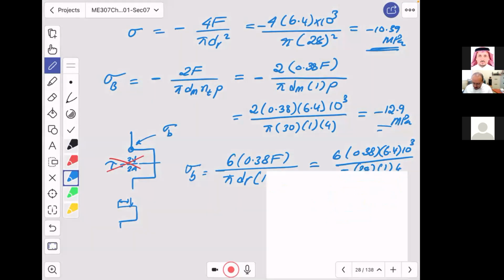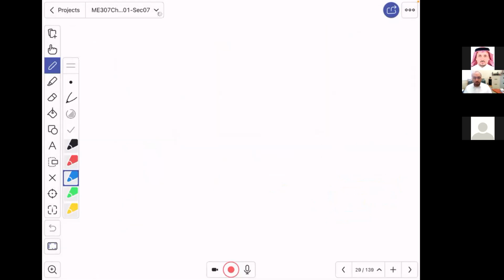So the question then asks us to determine the von Mises stress at the root of the thread. Again, the root is the dangerous spot. So what are we going to do? We will say sigma x, which is the bending stress, is equal to 41.5 megapascal.